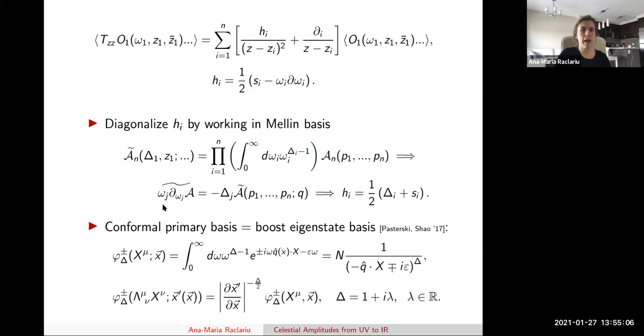You can see that by taking a Mellin transform of something like omega_j d by d omega_j acting on the momentum space amplitude. Then you can integrate by parts, and you find an expression of this form, which says that in this basis I introduced before, where one takes Mellin transforms with respect to the external energies, these weights, these h_i, become diagonal.